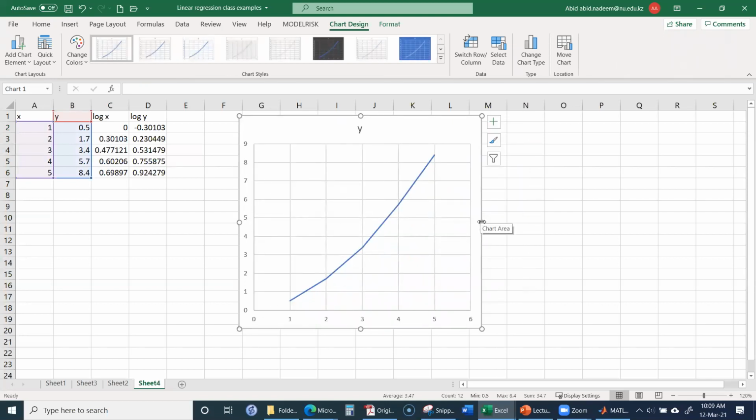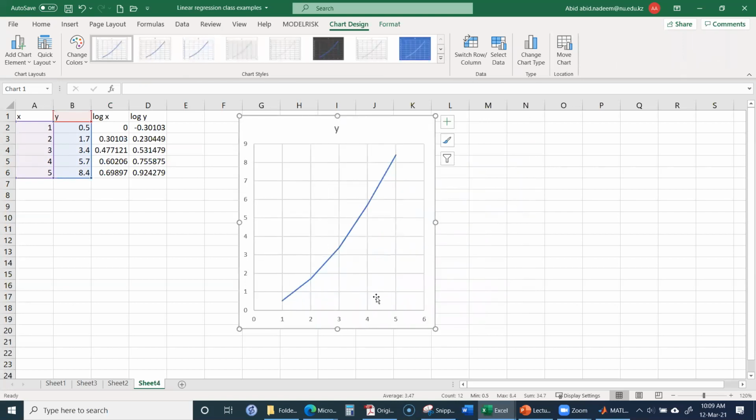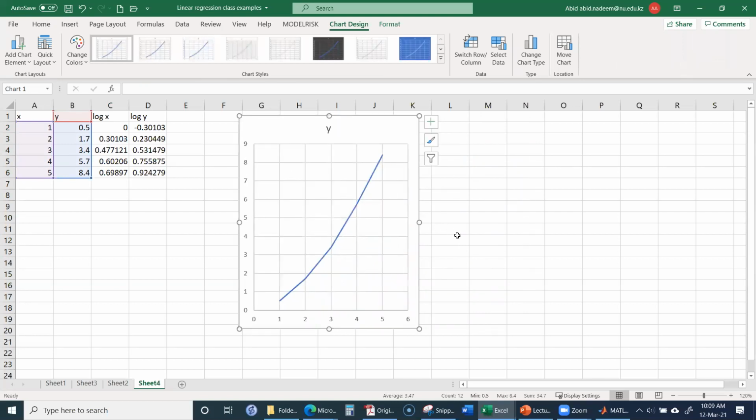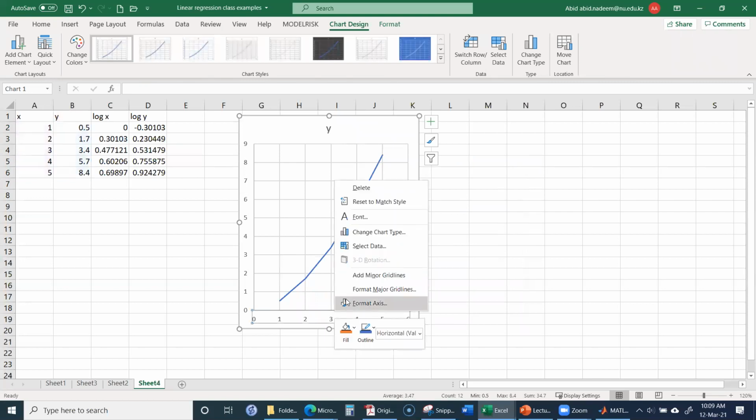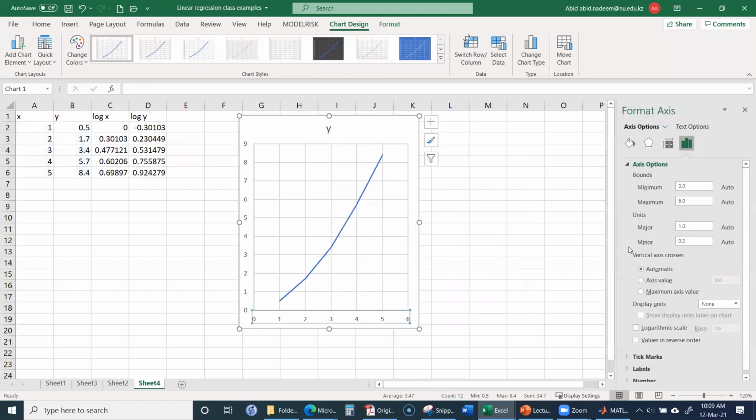So maybe like that. Okay, yeah. So now it's almost on the same scale. And then format the axis. I start this from 1, minimum 1. Okay, minimum 1.